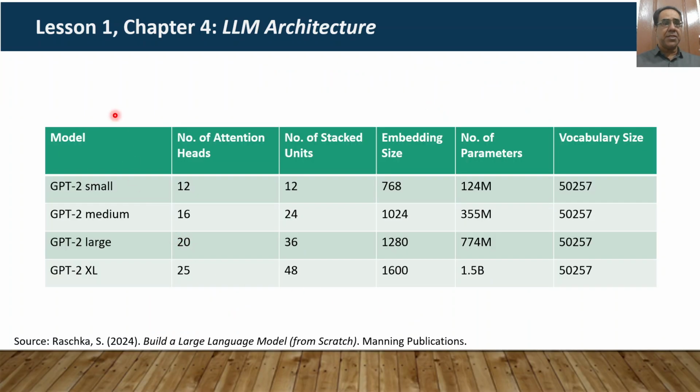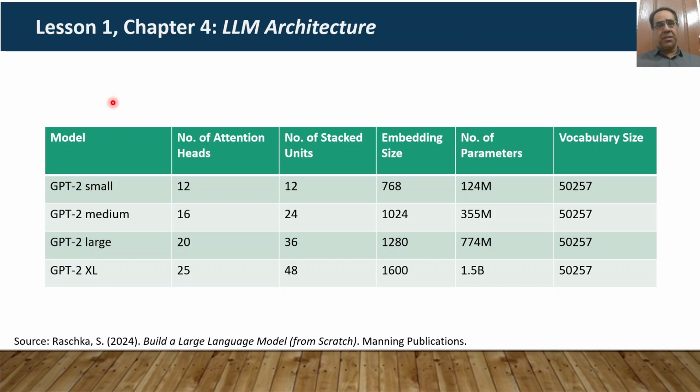In the rest of this chapter, we are focusing on GPT-2 because, first, OpenAI has made the weights of the pre-trained GPT-2 model publicly available. And second, GPT-2 can be run on a single laptop computer.